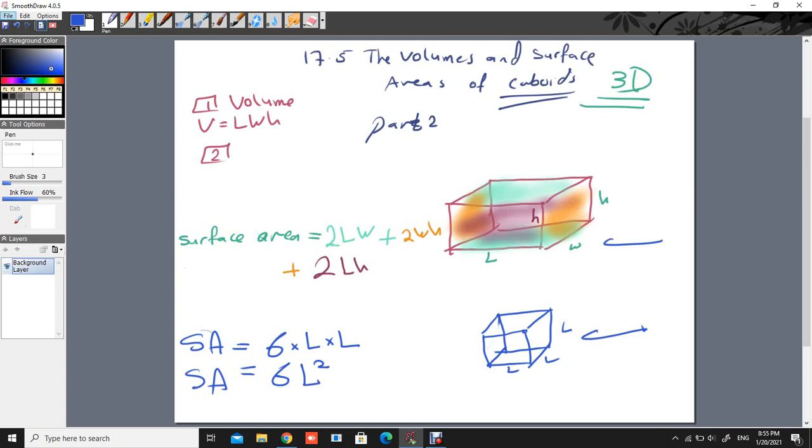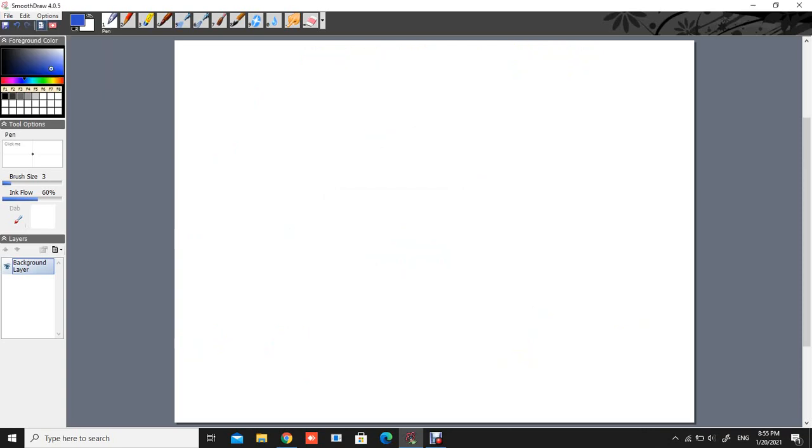Now let's take an example. Find the surface area of this cuboid.